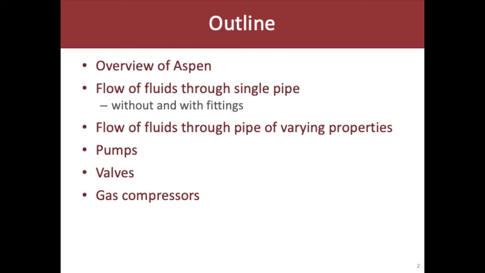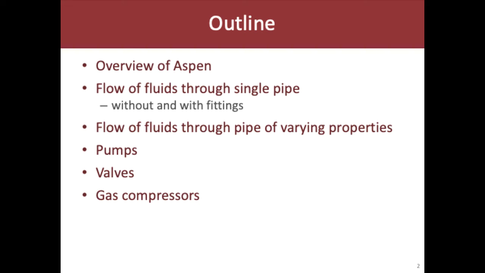I'll give you a kind of big picture overview, and then we'll dive into some of the issues related to specific components that are useful for fluids. So we'll talk about flow of fluids through a single pipe. Doesn't sound real complicated. Professor Zengel sent me some of the homework that you've done previously, where you had to work out things like pressure drop due to frictional losses, or maybe pressure increase.